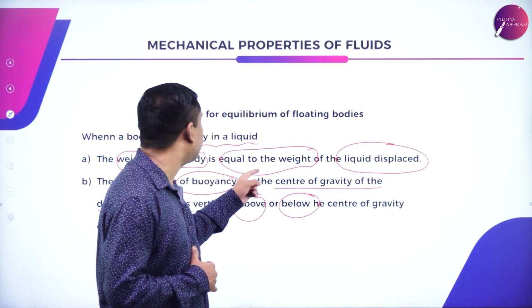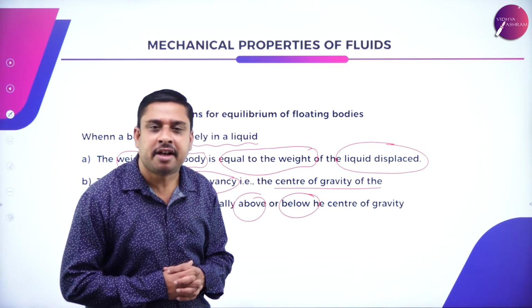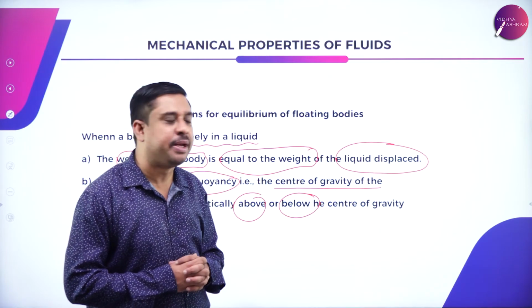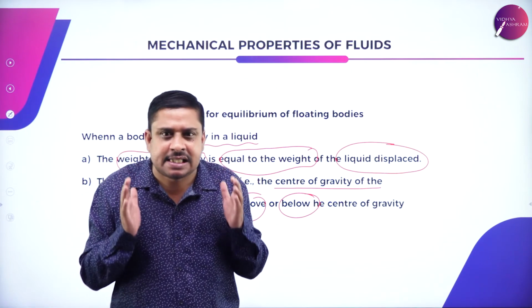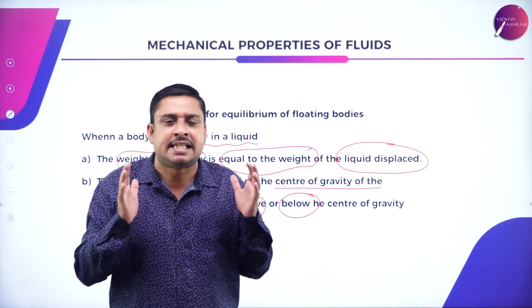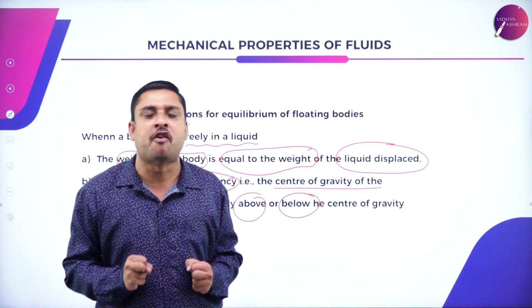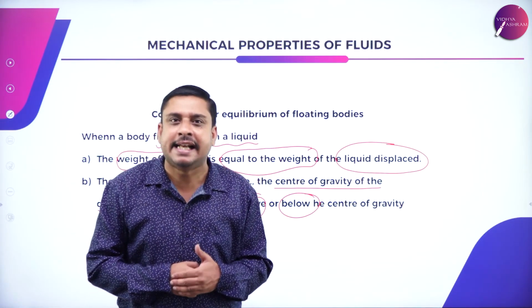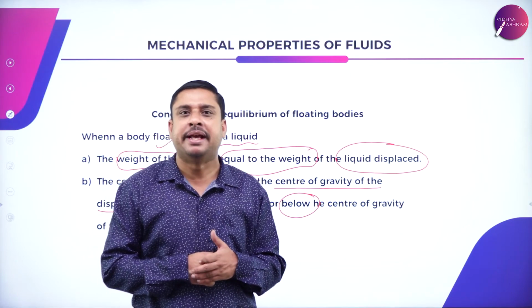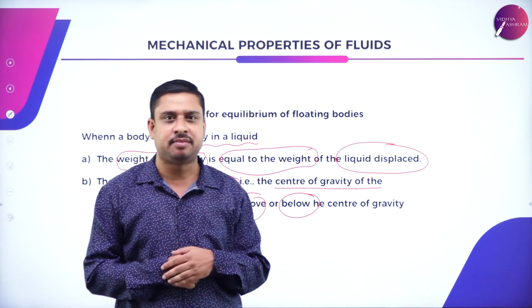And these are the conditions for the equilibrium. So basically understand, when the density of the liquid is greater than the density of the body, flotation happens. And the conditions for equilibrium are mentioned here.